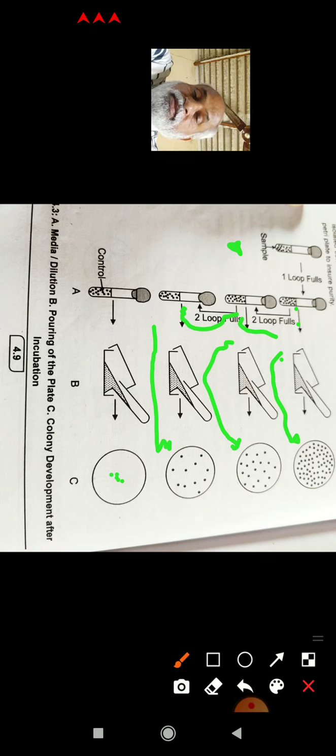At the same time, within the agar medium also colonies will be seen, called subsurface colonies.